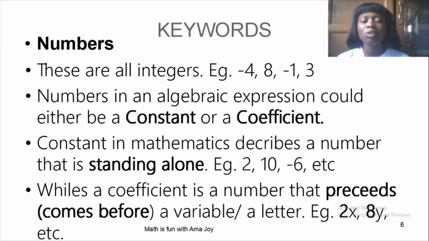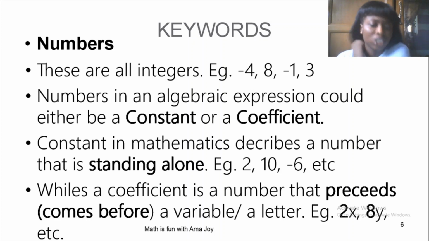So what is a constant? Constant in English is like something that happens repeatedly. But in mathematics, a constant is a number that stands alone. So in an algebraic expression, if a number is standing alone, it's a constant. For instance, just 2, just 10, just -6 is a constant.